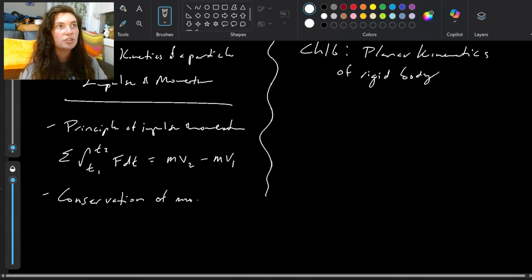But if there are no external forces, then you can use conservation of momentum, which is the sum of all your masses times velocities initially equals the sum of all your masses times velocities final.